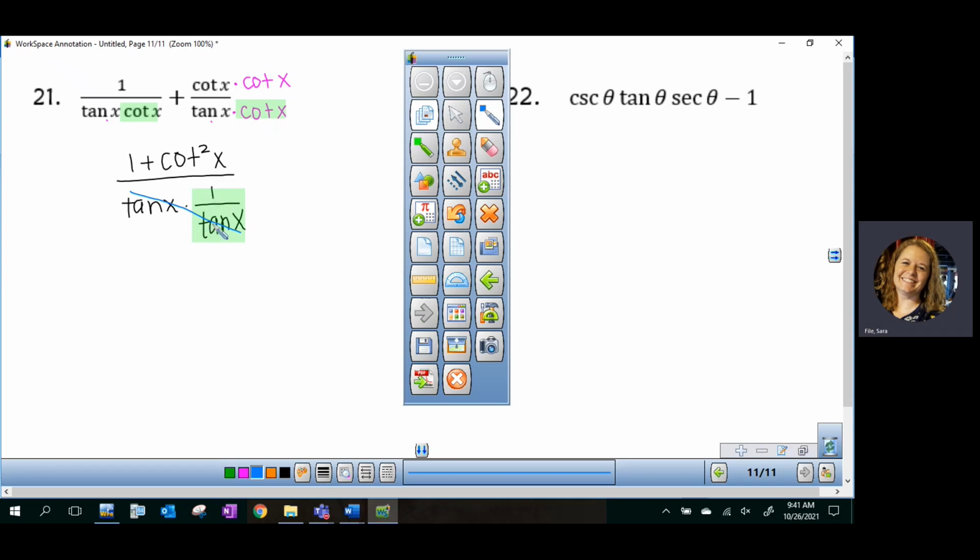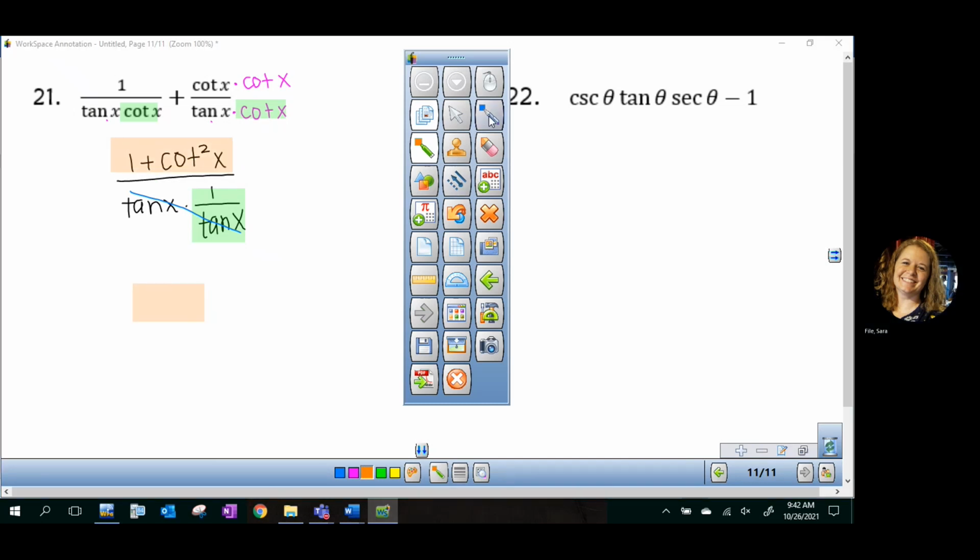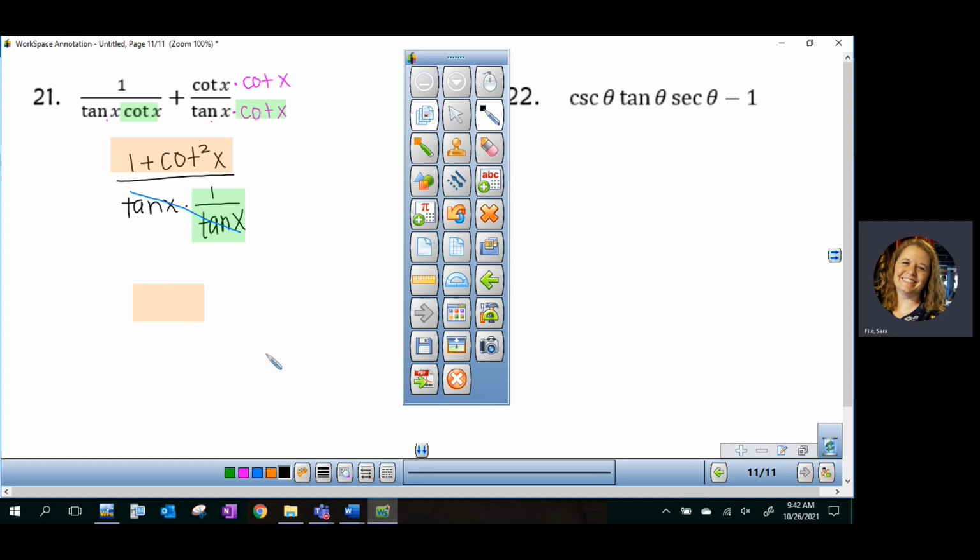You don't have to rewrite it this way and show the reducing if you understand that multiplying reciprocals gives you 1. Okay, now the numerator, which it's not really a numerator anymore because there's no more denominator, this 1 plus cotangent squared, that is a Pythagorean identity. 1 plus cotangent squared is cosecant squared.